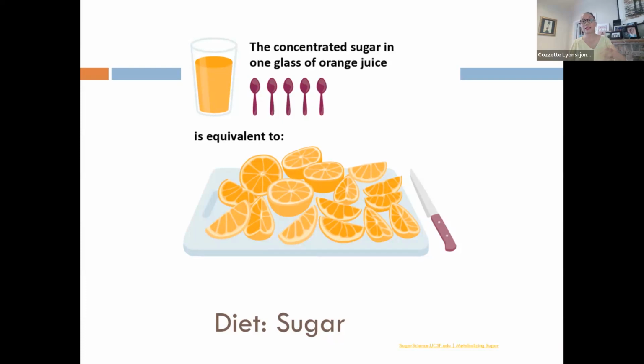So you're not going to eat 6 oranges, right? Doubtful. But if you drink a fizzy drink that has a lot of sugar in it, or orange juice, you can more easily find yourself drinking multiple glasses of that and consuming way more sugar than you should.